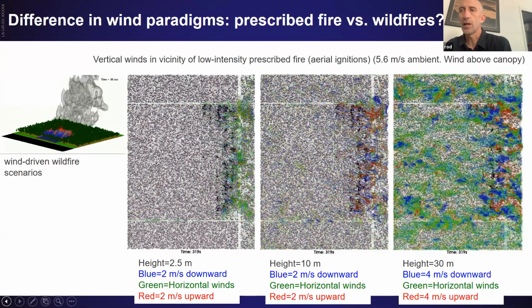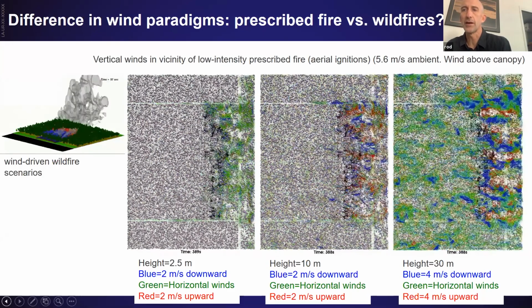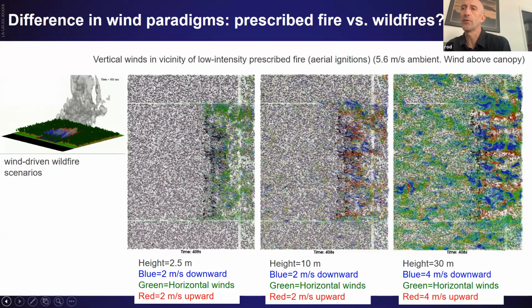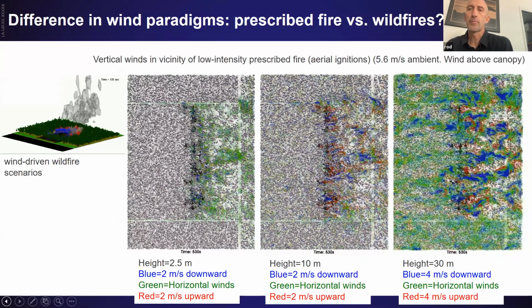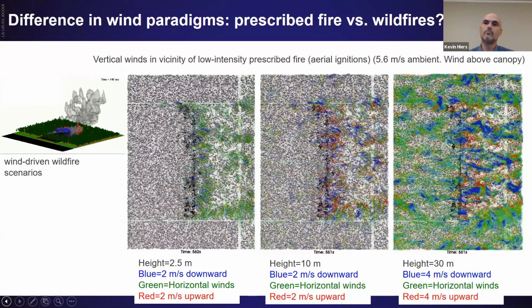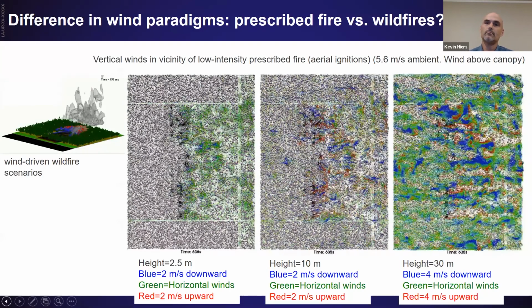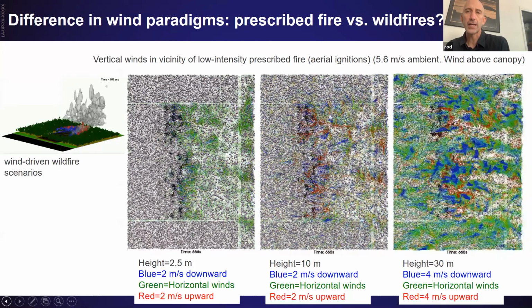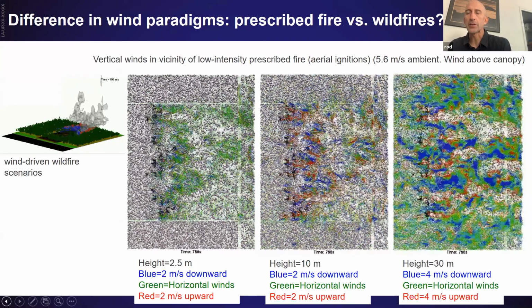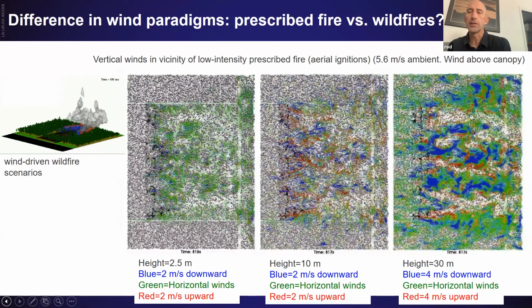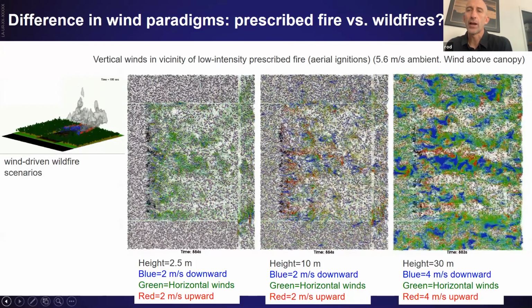So what you see in black is you see the progression of a prescribed fire as they light it moving upwind. And so I'd like to bring attention to the difference between the 3 images on the right and the wildfire context on the left. Namely, what are we doing to the aerodynamic drag and the wind flow around the fire?